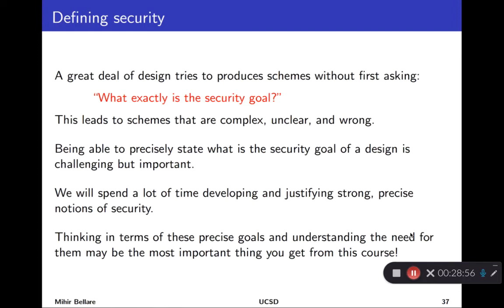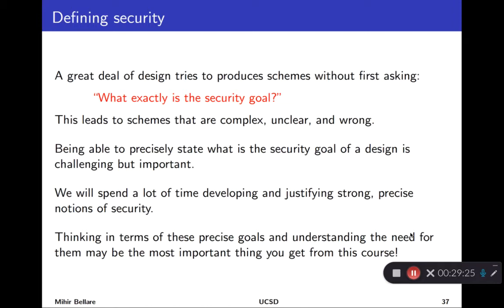Okay, so like I said, this particular lecture is really about broad themes, and so I'll jump around a little bit. And here's something that's central to the types of efforts we're going to make, and also quite intriguing, which is that when you design cryptography to achieve some goal, you want to start by first asking what exactly is that goal.